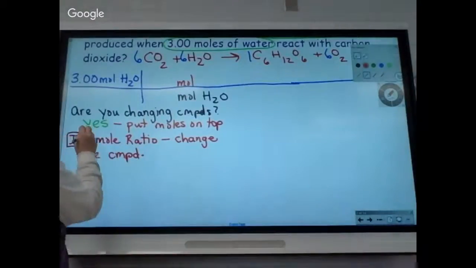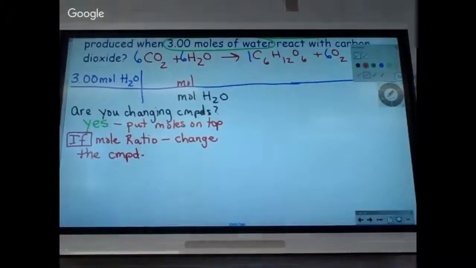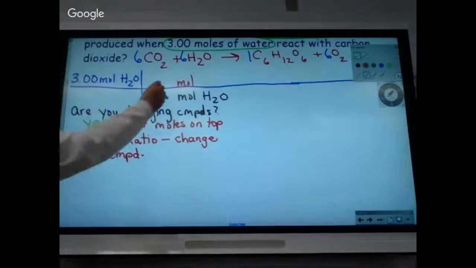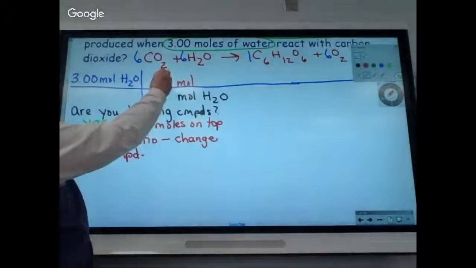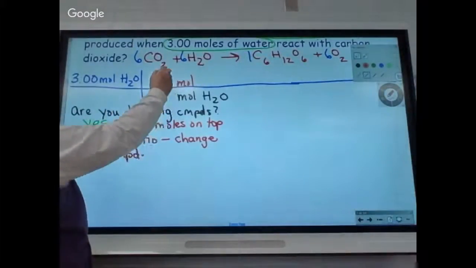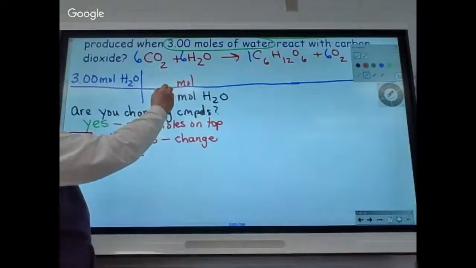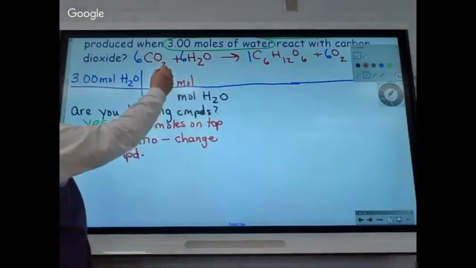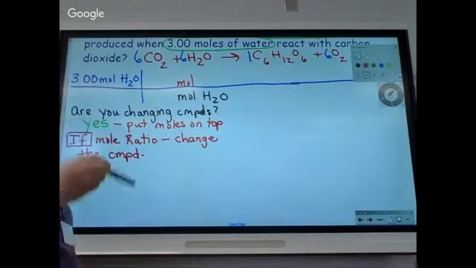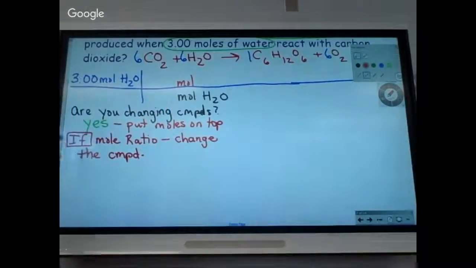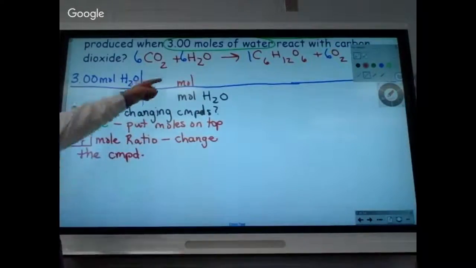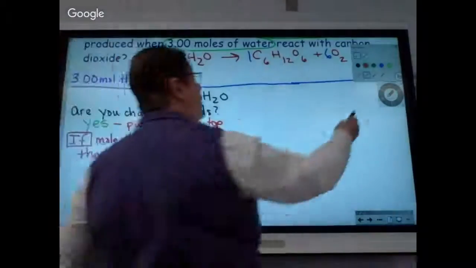Notice I keep using the word if, because in the next problem, the number 3 one, we're going to learn about, if grams is on the bottom and moles is on top, if this is a gram mole, will that be a mole ratio? No. It has to be a what over a what to be a mole ratio? Mole over a mole. Okay? So if it's a mole ratio, change the compound. Is this a mole ratio?